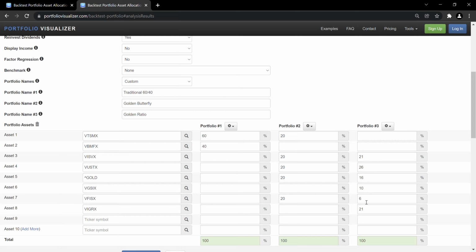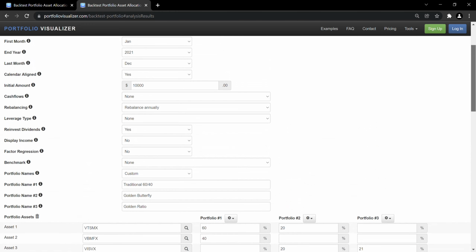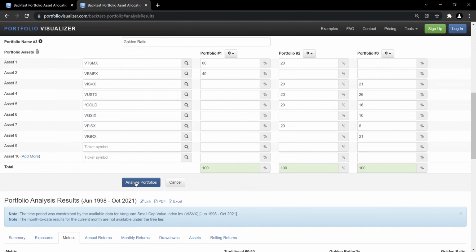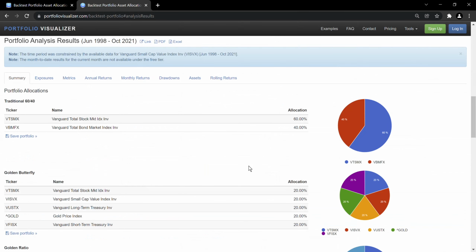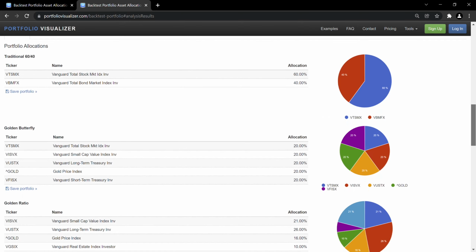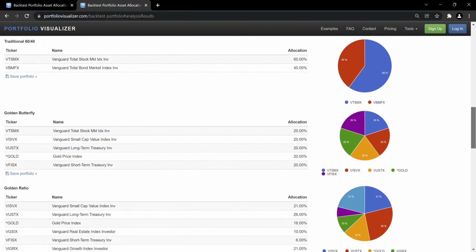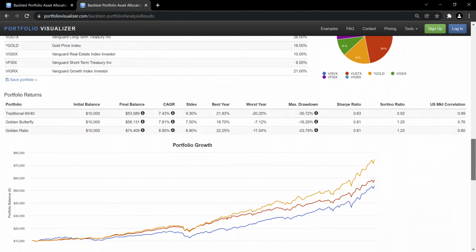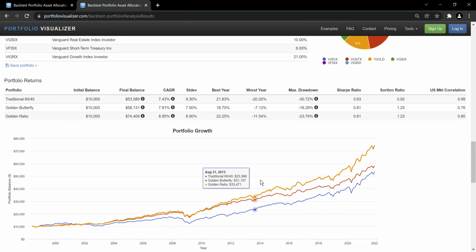All these are Vanguard funds, and 6% in that short-term treasury bond fund. And we are running this month to month. We analyze these portfolios, and you see them all built out there. So you can see exactly what's in each one of them. And then you can see how they perform comparatively.